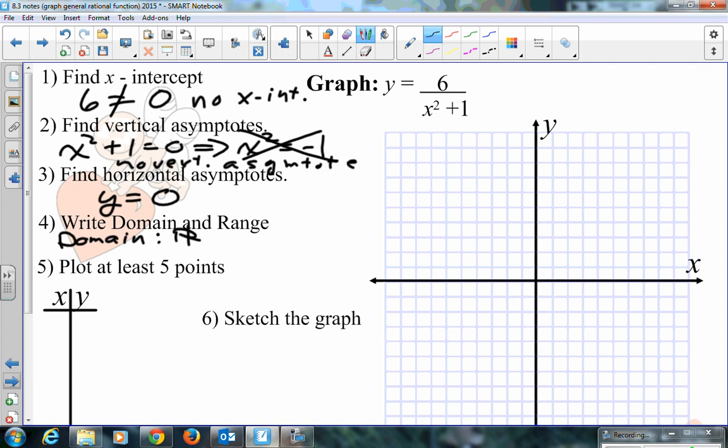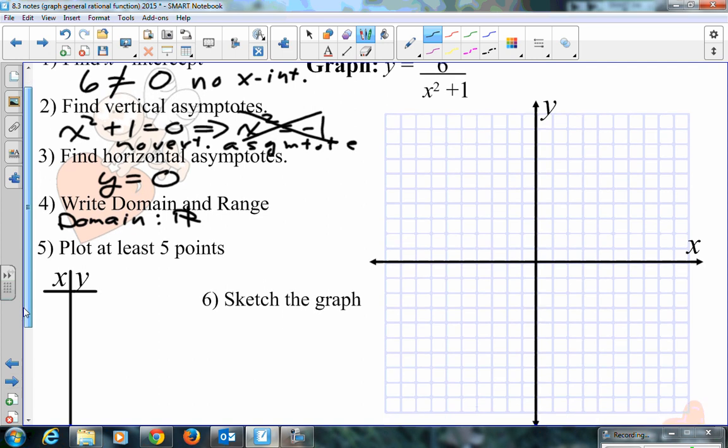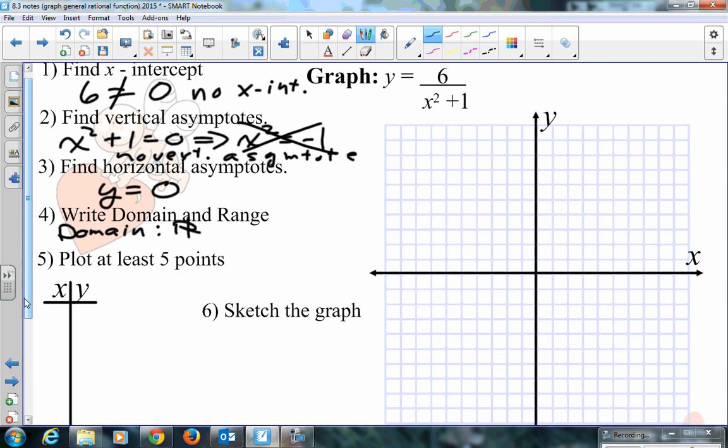So let's plot some points here. We know it's not going to cross the x-axis. So let's look at 0. If I put a 0 into my function, 6 over 0 plus 1 gives me 6. So I know I have the point 0, 6.